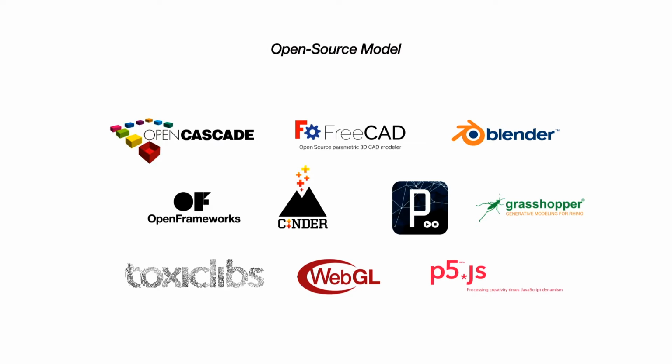But also you can make products with them on the internet if you can share code. And such collaborative developments spawned software like Blender or FreeCAD, and also modeling libraries for programming languages, for example, OpenCascade in 1999 or ToxiLibs in 2010.